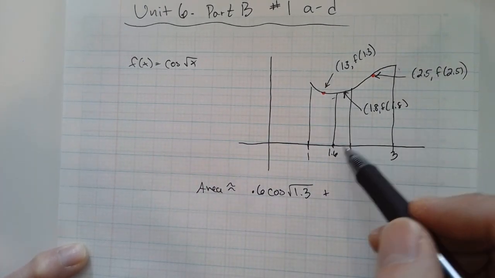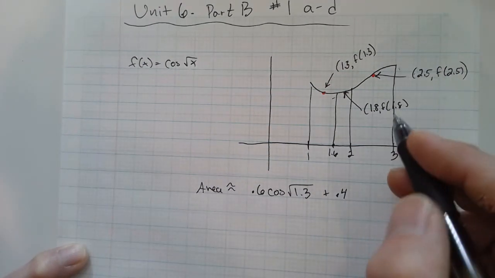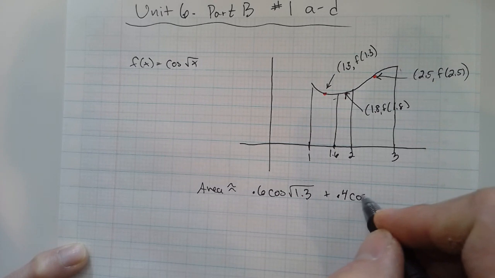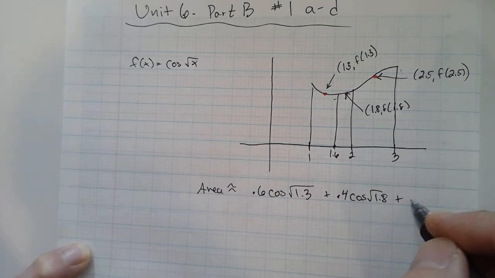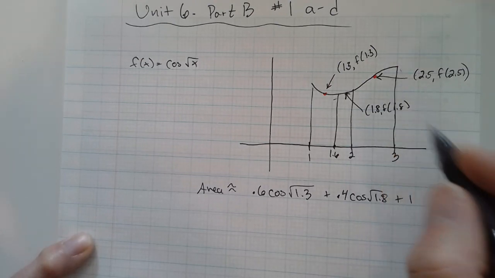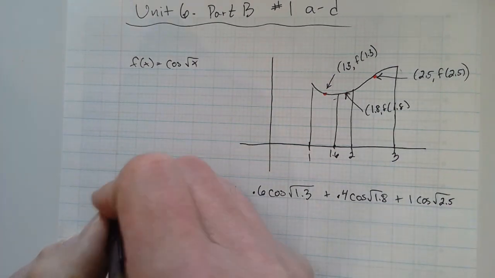My second rectangle base is 0.4. My height is f of 1.8, so the cosine of the square root of 1.8. And then our last rectangle base is 1 times our height, which is the cosine of the square root of 2.5. Okay, so that's part A.